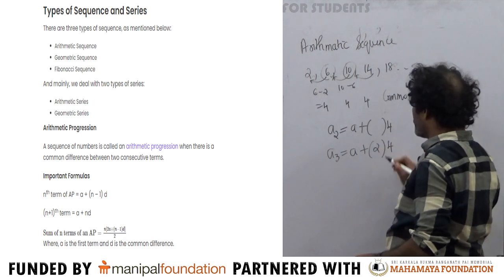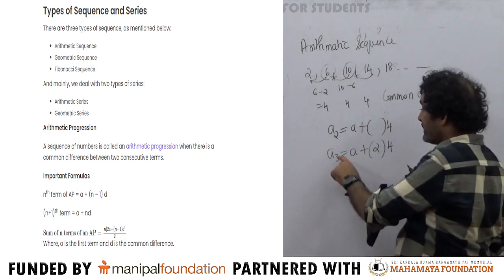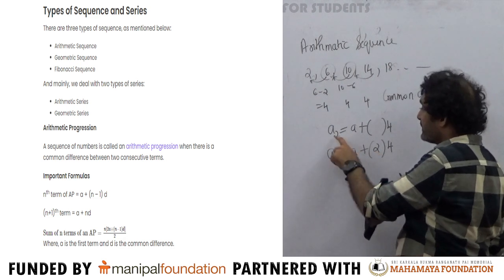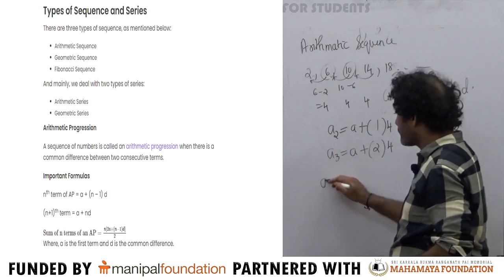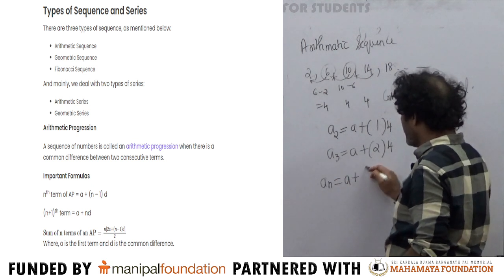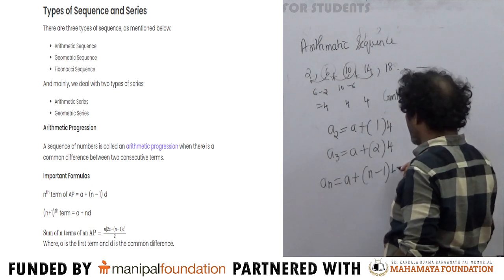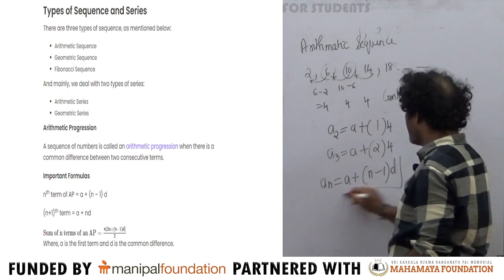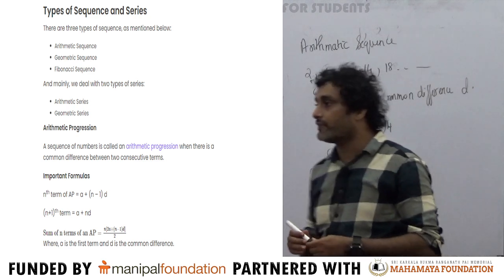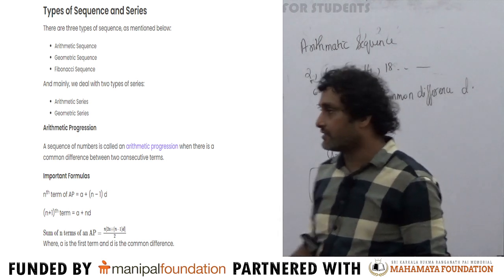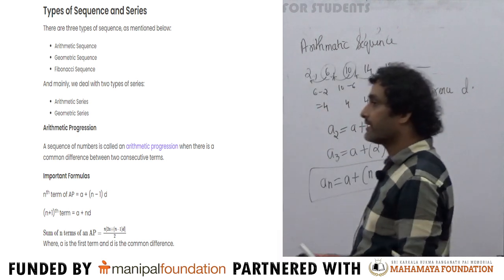So am I adding 2 times 4? When the number is 3, here you have 2. When the number is 2, here you have 1. So when the number is n, you have n minus 1 times d. This is the formula for the nth term of an arithmetic progression. Is that okay?